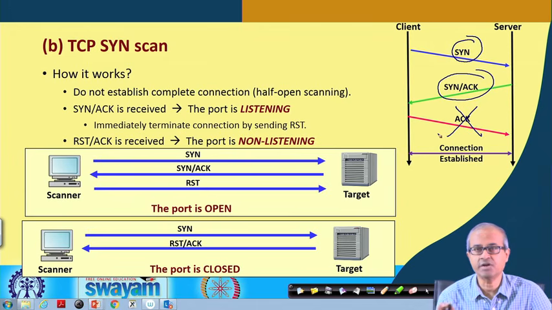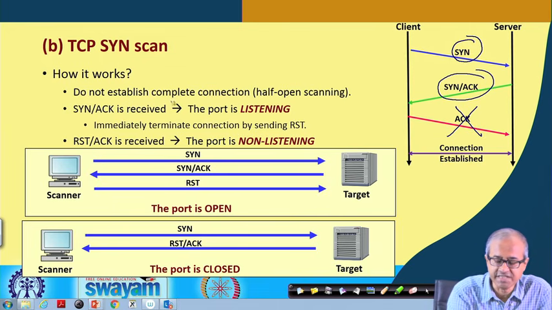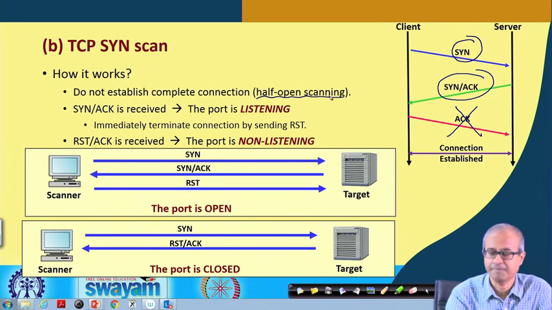That means we are not completing the connection. If the connection is not completed, then the information will not go into the log. So, you can also escape detection in that way. So, you do not establish the complete connection, sometimes it is called half open scanning.